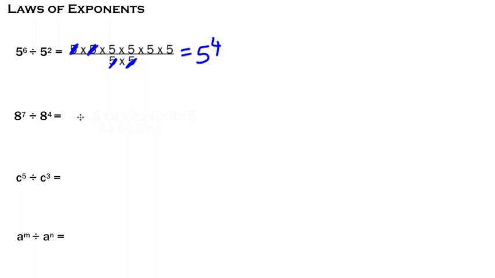Taking a look at the next example, 8 to the 7th divided by 8 to the 4th. Again, if I write that out and start crossing out values here, we see some sort of pattern start to emerge, hopefully.